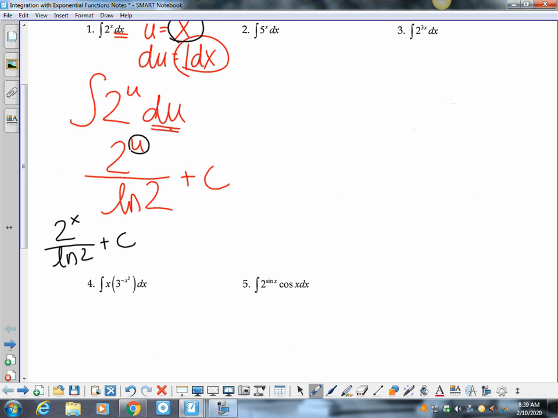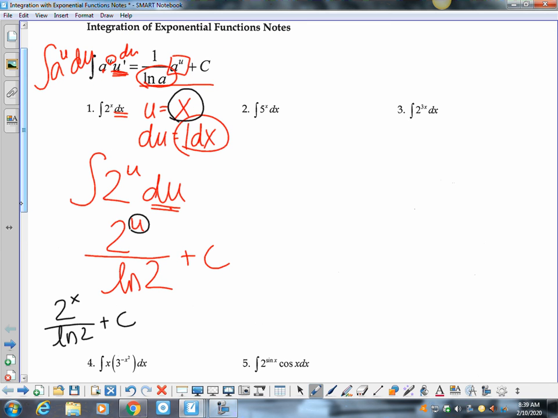Okay, let's try another one. So number 2 is an exponential function. So what are you going to let your u be? Good. So what is du? What is the derivative of x? Okay. Do you have everything?